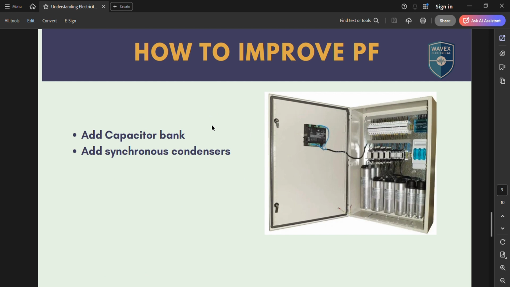If the power factor is 0.7, we can improve it to maybe 0.9 or 0.95 by adding a capacitor bank, depending on how many capacitors you add to that system.